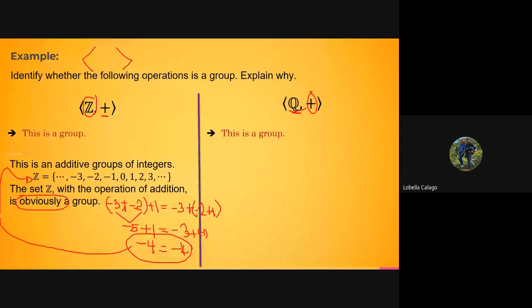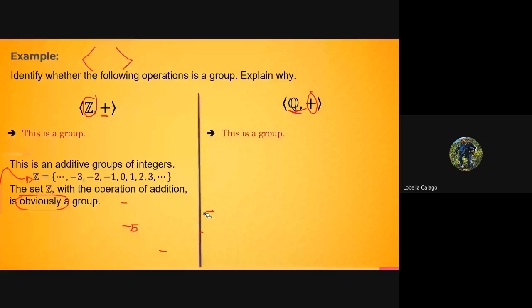Sorry for that. So, tingnan natin ha. Kailangan nating i-determine also na yung identity ng addition of the integers must be part of the integers. Since 0 is part of the integers, okay na tayo doon.